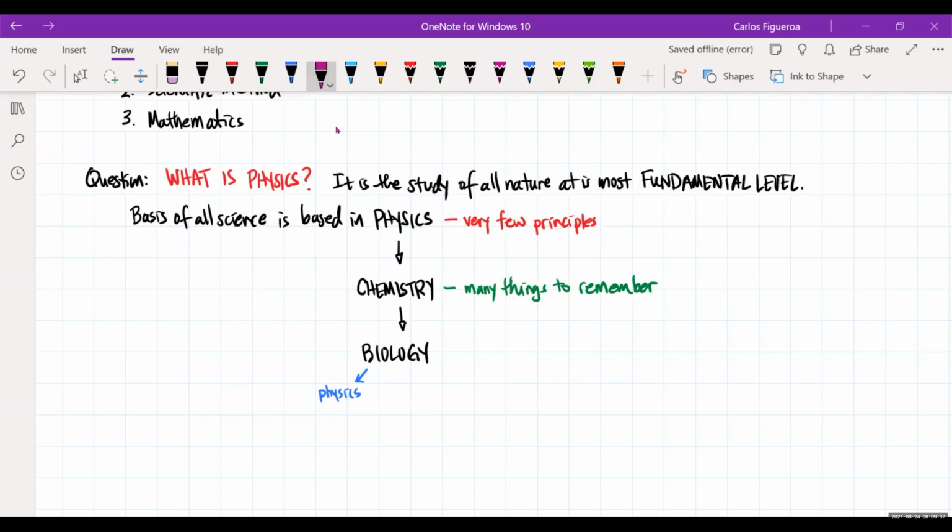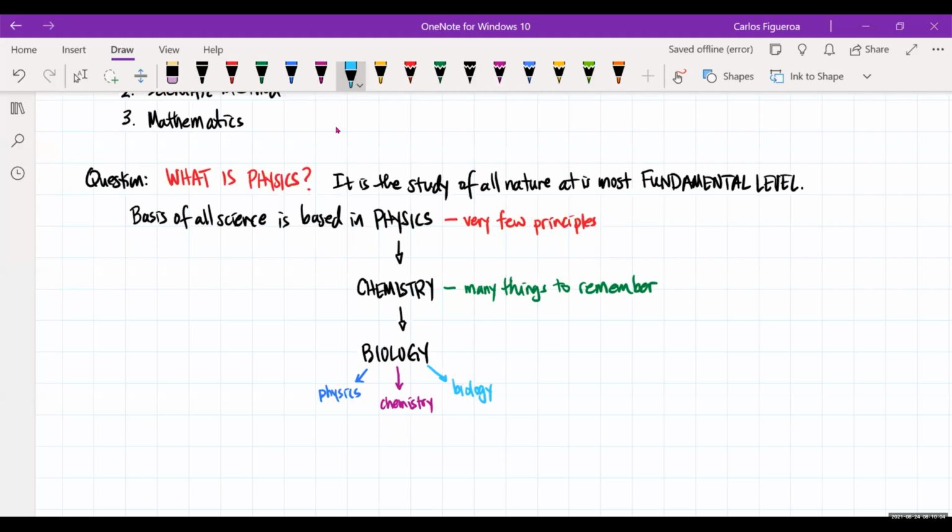If you want to understand biology, you need some chemistry principles. And if you want to understand biology, you need the biology principles. And that's what I mean by biology being a very integrated science. It uses a lot of the sciences in order to explain these things.